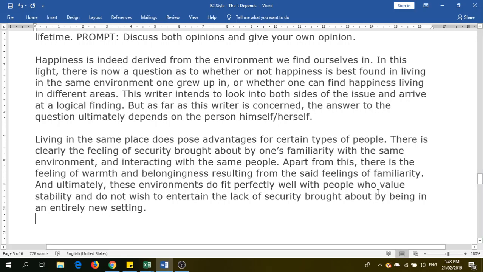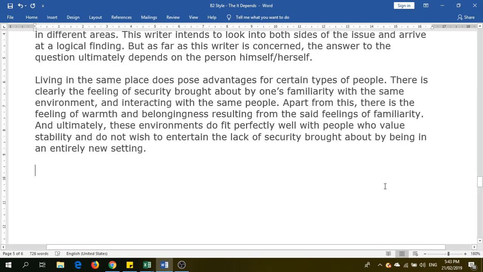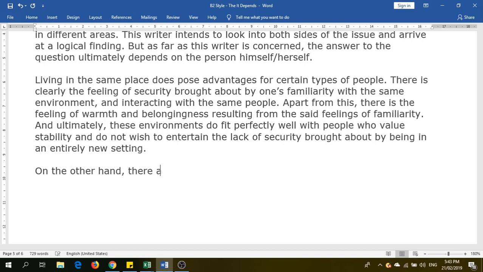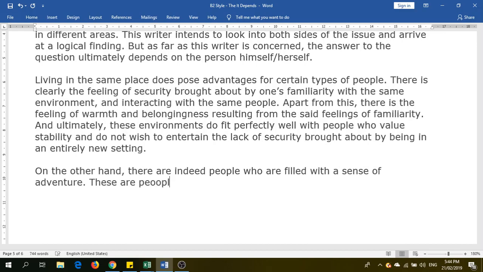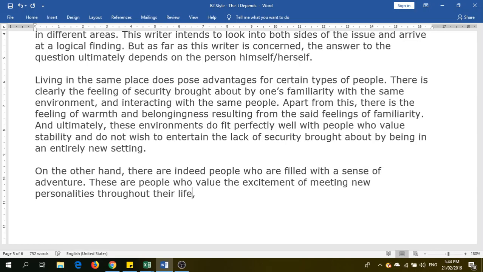Let's now move on to the kind of person who would find living in other places advantageous. So, on the other hand, there's my crossover marker. On the other hand, there are indeed people who are filled with a sense of adventure. These are people who value the excitement of meeting new personalities throughout their life and expanding one's personal network.